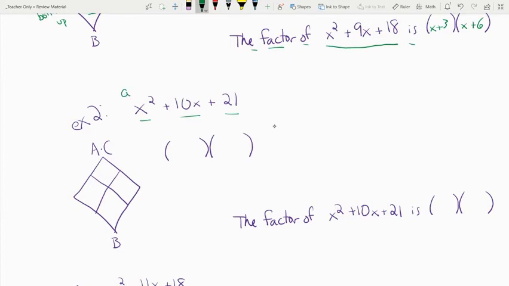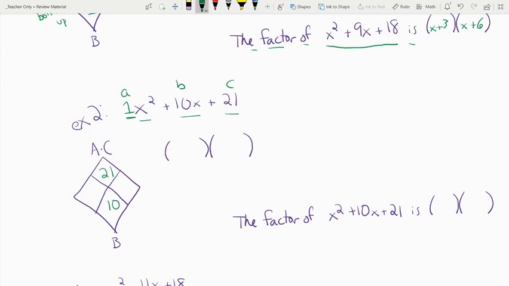A, B, and C. Now, I don't see a number in front of the x squared, so that means it's that invisible coefficient, which we know if there's nothing in front of it, there's always an invisible 1. So I take A times C, 1 times 21 gives me 21, and B goes down here, so I get 10.